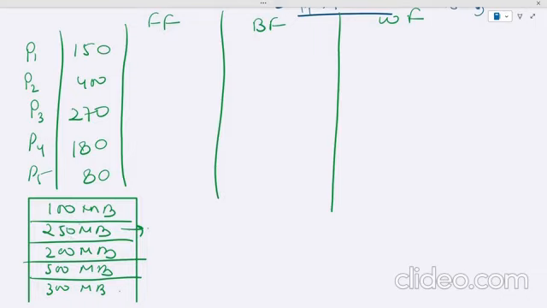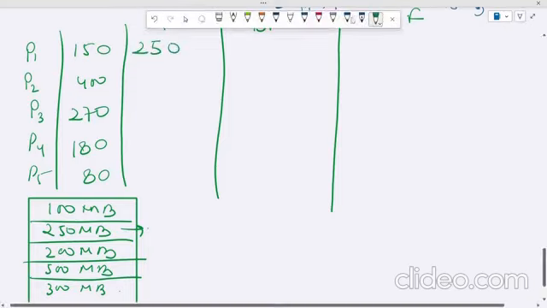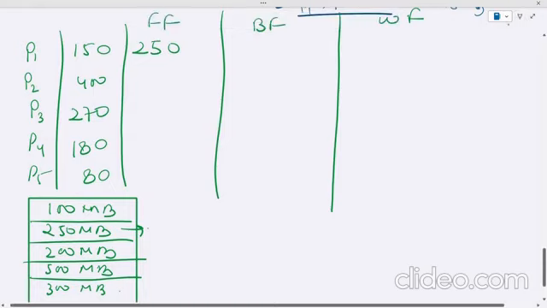Second, 250: definitely P1 is able to access it. If it is able to access in first fit, then it will. So this 250 memory part goes to P1.